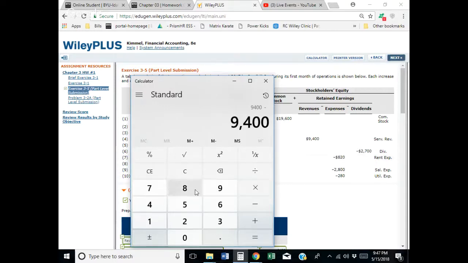First we have $820, so subtract 820. This is 2,800, so we'll subtract 2,800. And 280, subtract 280. And dividends were 2,700. So we'll subtract 2,700 to give us retained earnings of 2,800.